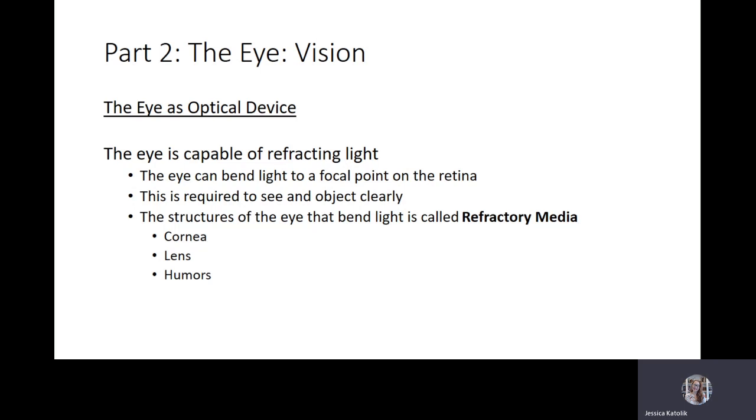We introduced these already, such as the cornea, the lens, and the humors of the eye, such as the aqueous and vitreous humor. And together we call these refractory media.